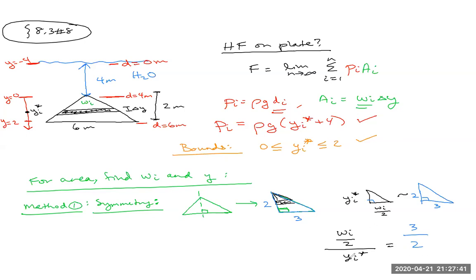Cross multiply and all that good stuff, and you wind up getting wi equals 3 yi star.